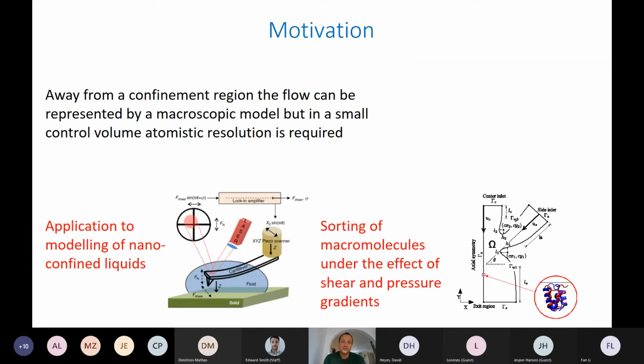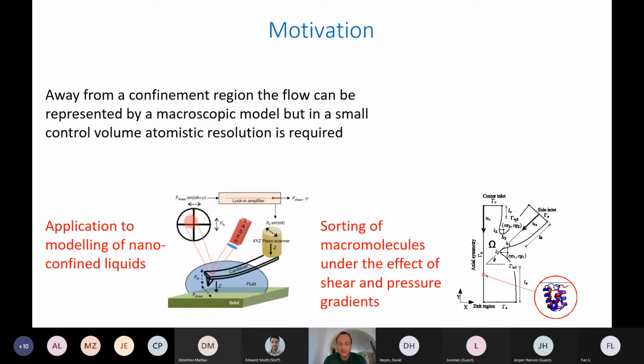So what this is all about is that we're interested in modeling situations when, in addition to the macroscopic or bulk volume of the flow, there is a confinement region in the flow where the continuum laws typically break down.